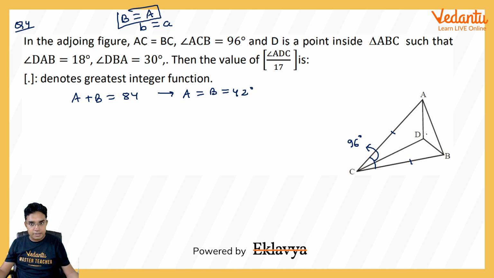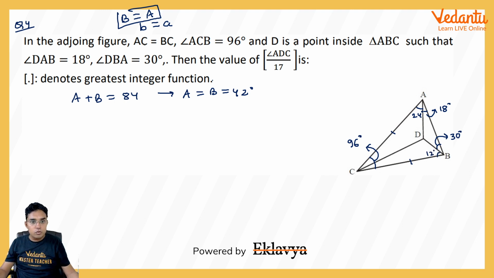D is a point inside ABC such that angle DAB is 18, so here this angle is 18 degrees, and we are given DBA as 30 degrees. Because complete angle A is 42, here we will be left with 24. 24 plus 18 is 42, and here it will be 12.